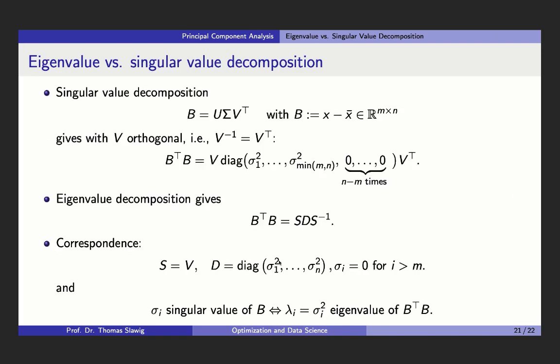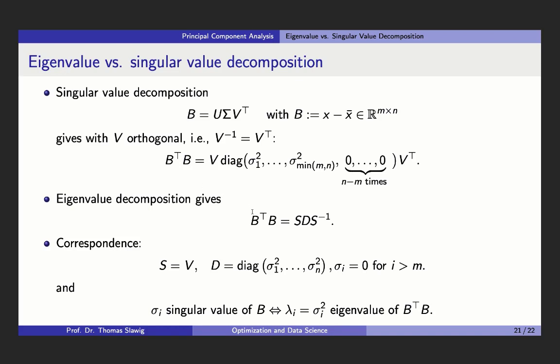So now we can compare what we get with the eigenvalue decomposition and what we get with the singular value decomposition. The singular value decomposition gives us that we directly decompose the matrix B, which is this difference here, and we can then obtain for B transpose B, V, the diagonal matrix here, and depending on the relation between m and n, there are optionally some zeros at the end, and then V transposed. So we have a representation of a matrix, a diagonal matrix, and another matrix.